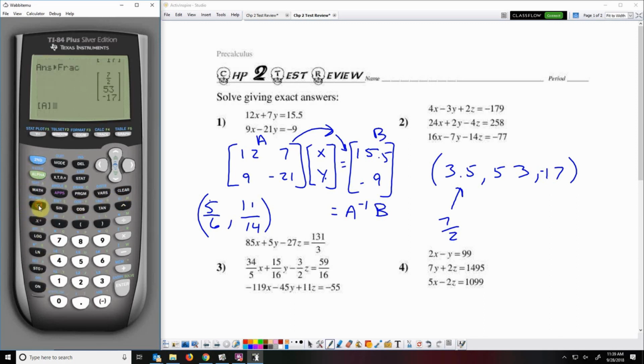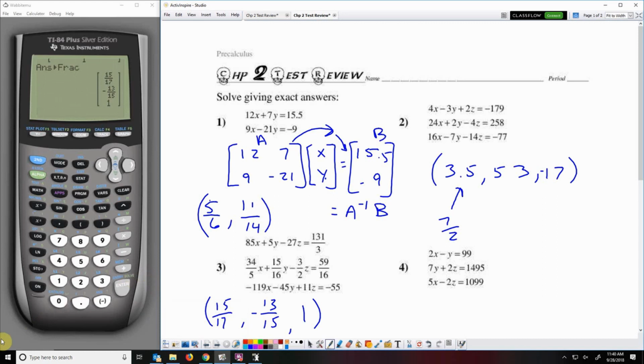Matrix 1 inverse times matrix 2. Okay, and I get some decimals again, so math, enter, enter. So I've got 15/17 for my x value. My y value is negative 13/15, and my z value is 1.